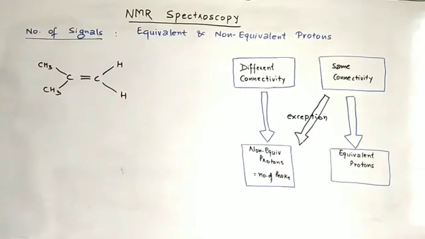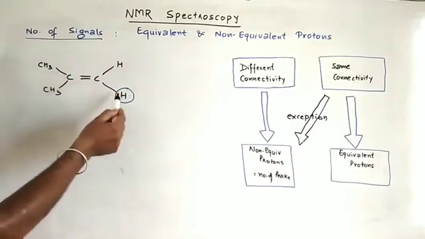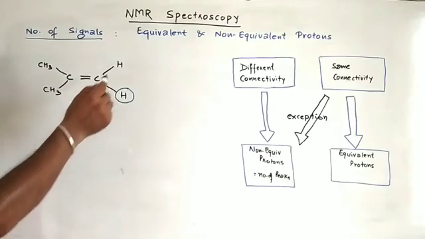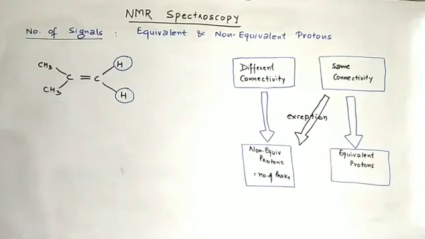So both are equivalent. As you can see here that this proton is cis to this methyl, trans to this methyl. If we see the environment, this proton is cis to this and trans to this. It means both have the same environment.